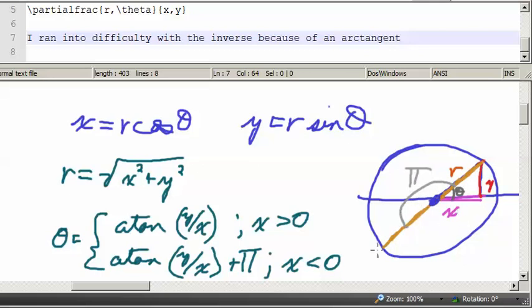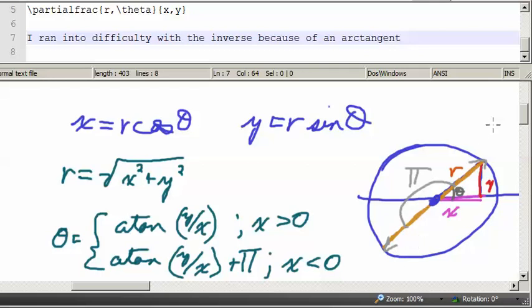So if x is less than 0, it's the same as whatever slope is up there, but it goes the opposite direction, which is a difference of pi in the angle. So to me that creates some difficulties that I'm not sure exactly how to handle.